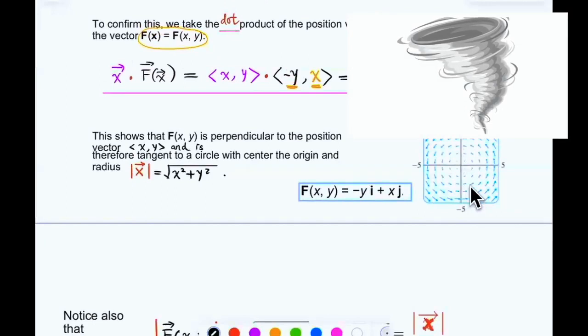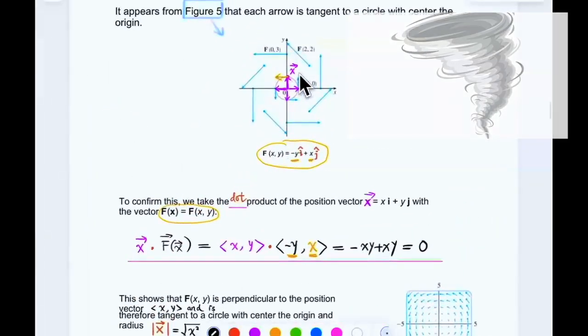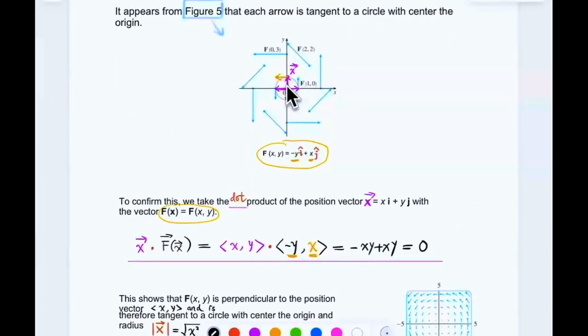Also, when it's closer to the origin, the magnitude looks smaller, and the further away, the magnitude gets bigger and bigger.